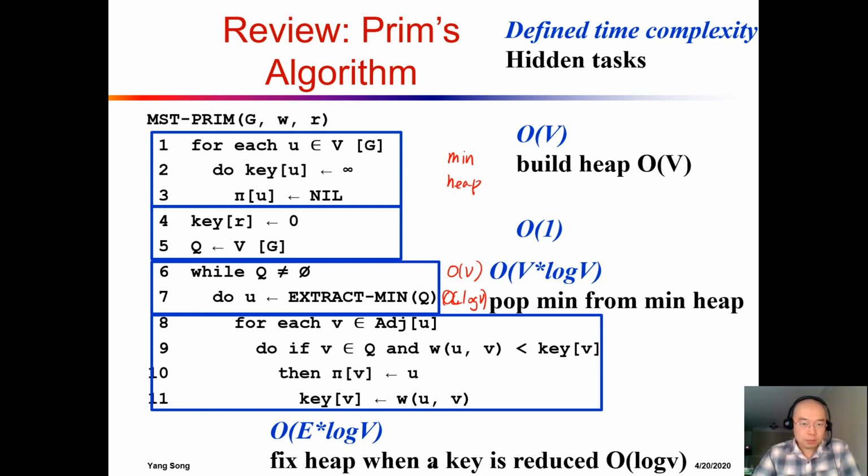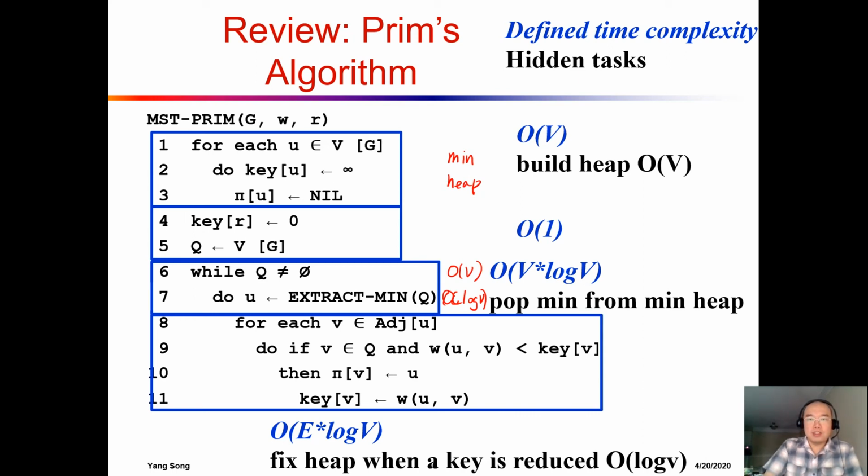For the last part, if I ask you how many edges we are going to visit, what is your answer? This is an undirected graph, right? We have a total of E edges, and for this for loop, how many edges are we going to visit in total? You will say there are E, but actually there are 2E.